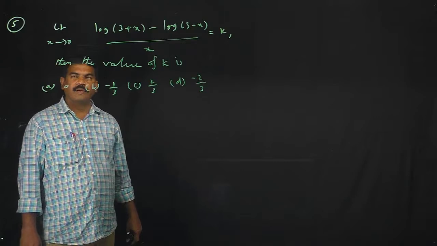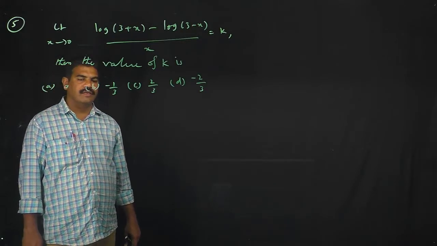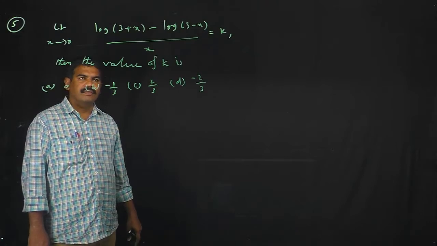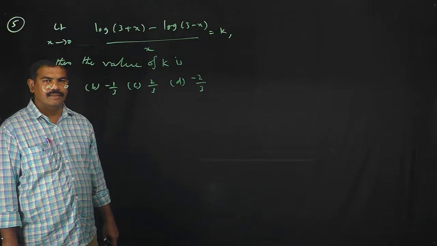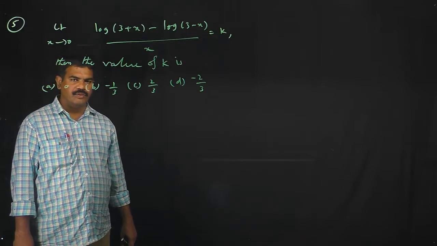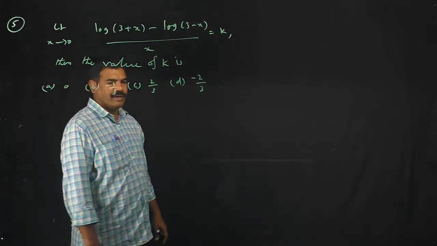Students, see another problem: limit x tends to 0, (log of 3 plus x minus log of 3 minus x) by x equals k, and the value of k is, the given options are A 0, B minus 1 by 3, C 2 by 3 and D minus 2 by 3.